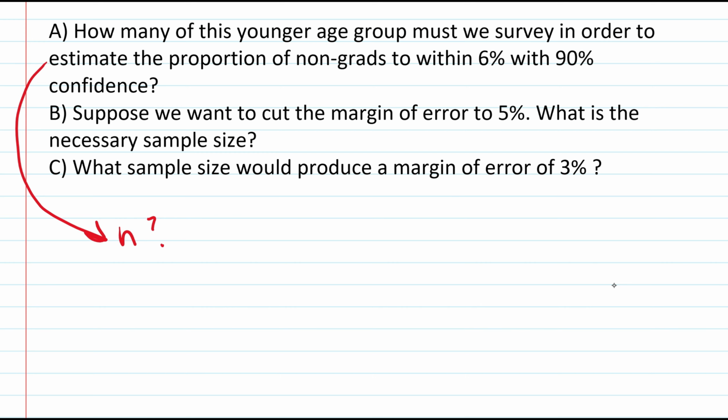Alright, so to find n, we need a value for p hat. So within your problem, if there's not a value, preliminary value or reasonable guess for p hat, right, then we just use what's called the worst case value. So the worst case value for p hat is the one that finds the largest required sample size for n. So the worst case value for p hat would be 0.5.